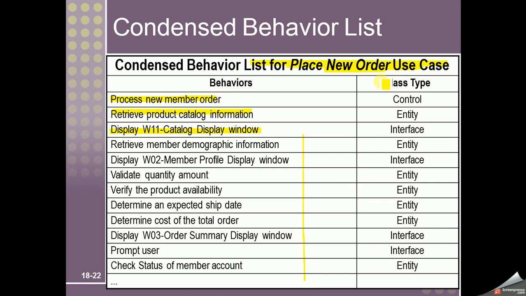And here we have also classified them as control, entity, interface, or if we also have persistent and system classes, we also put them over here. So this behavior is associated with a class whose type is a control class or entity or interface class, right?